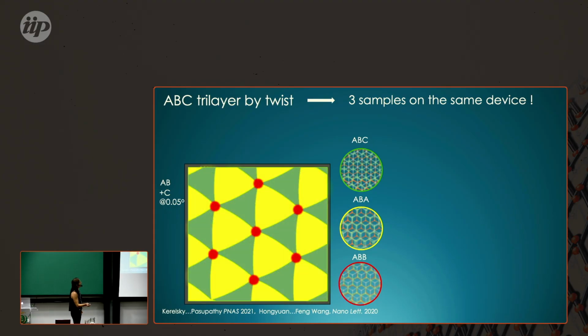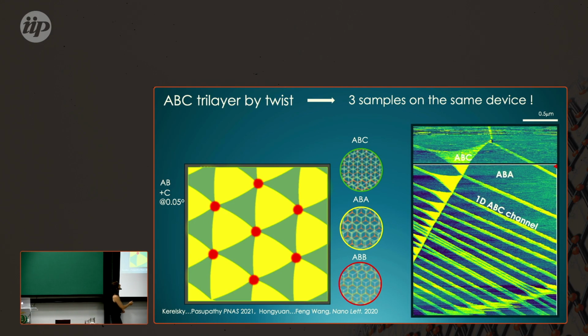So after relaxation, this shrinks into a very small region, and then, assuming there is no strain at all, we get this very isotropic triangle with ABC and ABA regions. If there is a tiny strain, then we get this elongated.